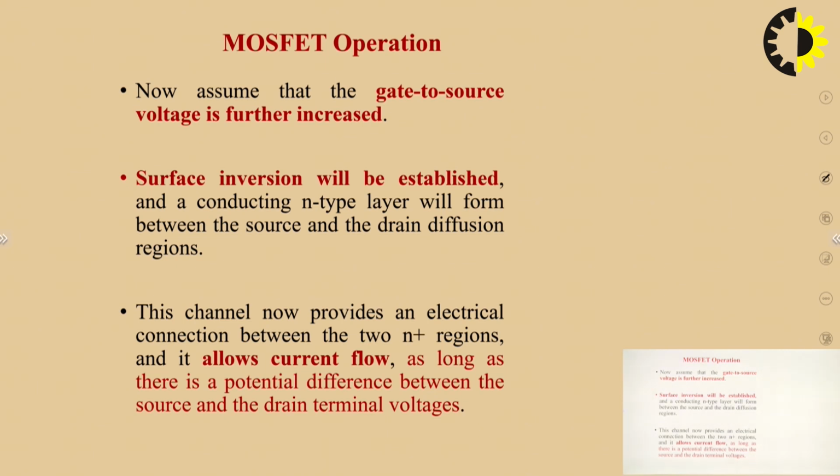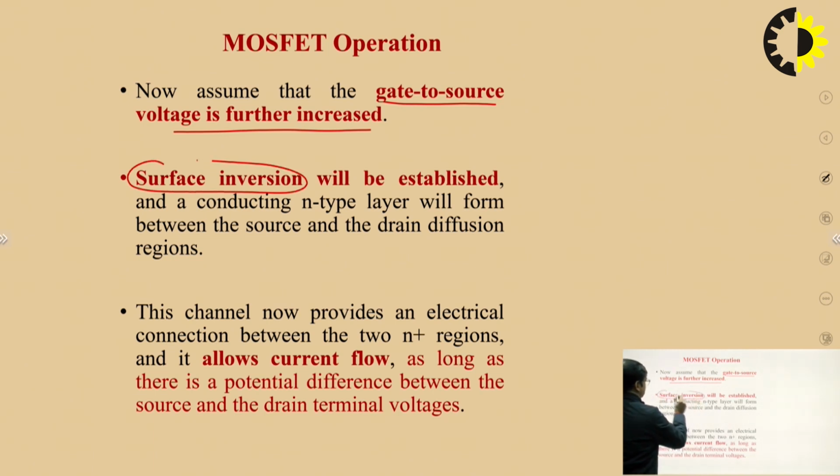Now, when the gate to source voltage is further increased, surface inversion will be established and a conducting N-type layer will form between the source and drain.